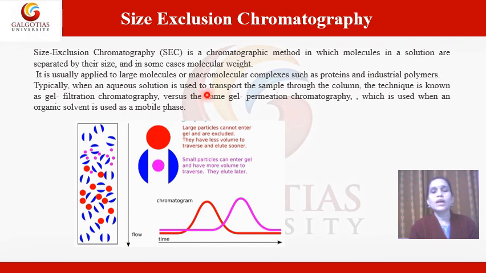When an aqueous solution is used to transport the sample through the column, the technique is known as gel filtration chromatography. It is also known as gel permeation chromatography when an organic solvent is used as a mobile phase. That means in size exclusion chromatography, the separation is based on the size of the solute particles.